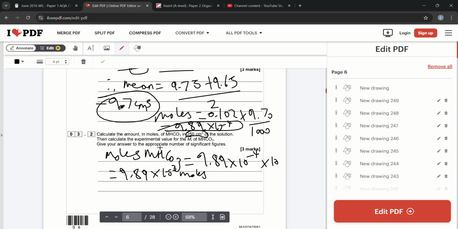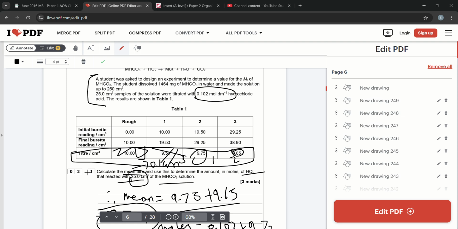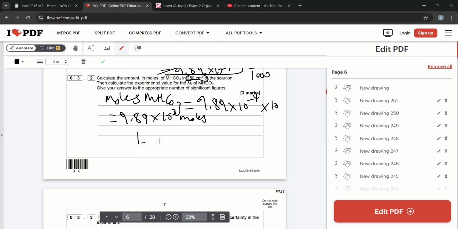And then it wants to calculate the experimental value for MR and give your answer to an appropriate number of significant figures. We know moles is mass over MR, so MR is mass over moles. So the mass of MHCO3, which is this, in milligrams, we want it in grams, so we divide by 1000, 1.464. 1.464 divided by MR's mass over moles, which is the 9.89 we just worked out by timing by 10.